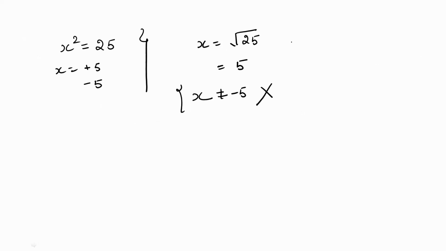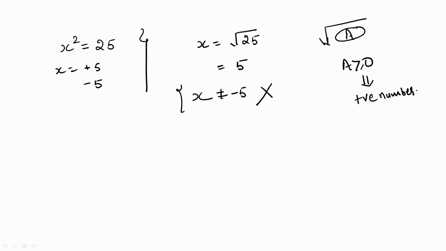Why is this so? Because the value written inside the under root, let us say it is a, this a is always greater than or equal to 0, which means it is a positive number. A positive number can also be achieved by minus into minus, right? I will tell you.